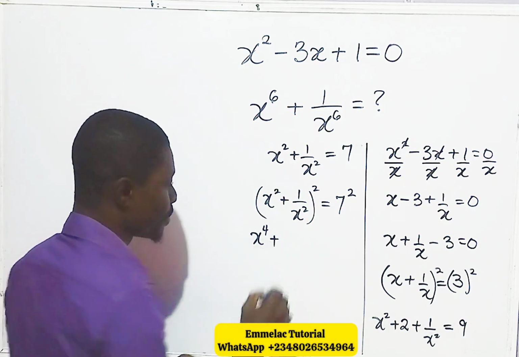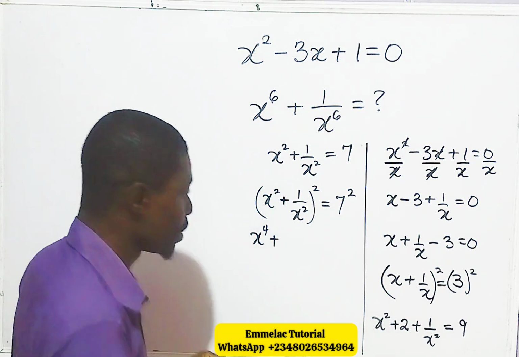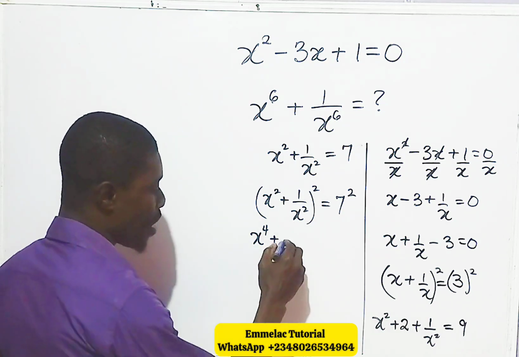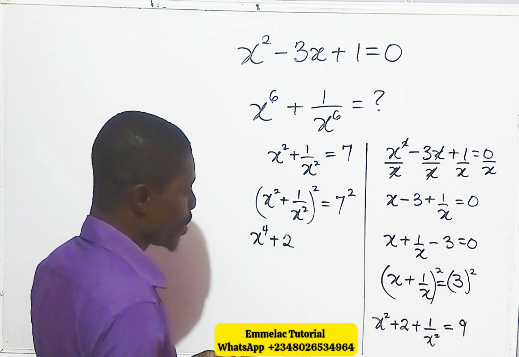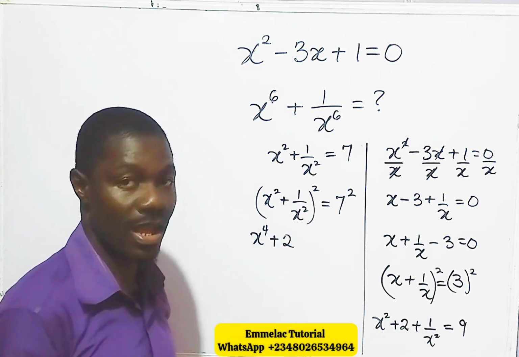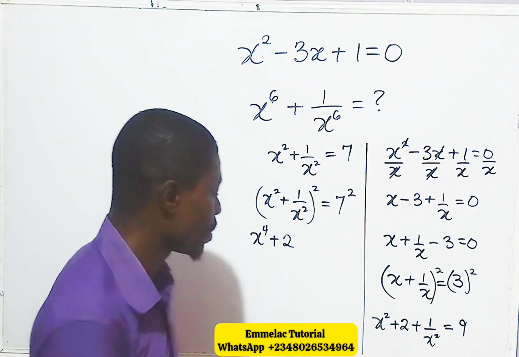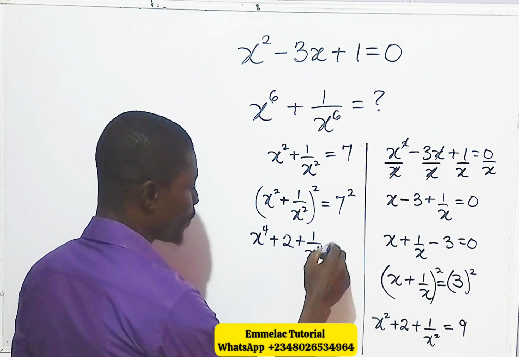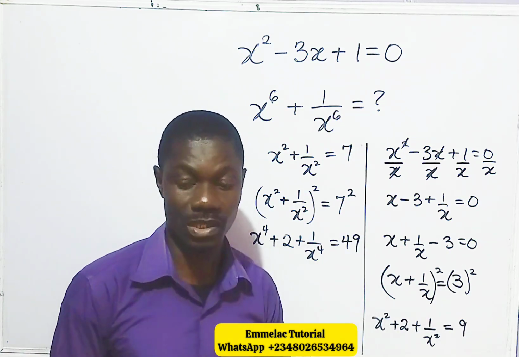Then plus x squared times 1 over x squared, that will give us 1, because this will undo this. So here we have 1, and times 2, according to the rule, here you have 2. Then 1 all over x squared raised to 2 will also give us 1 all over x raised to 4, then equals 49, because 7 raised to 2 is 49.